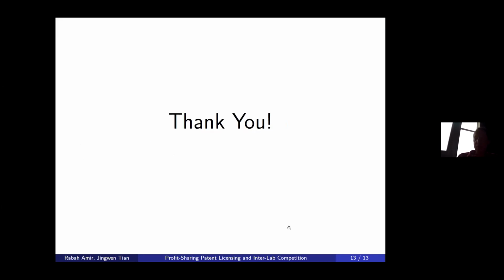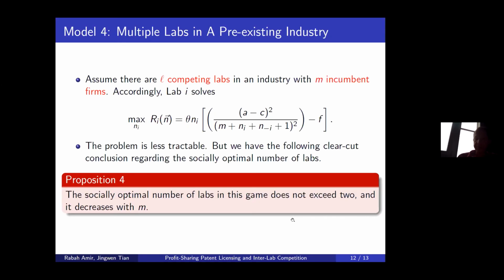And in the case of monopoly, they change it in some sense dramatically, because again, if you have 2 incumbent firms, because of the lab selling this innovation, you get 5 firms in the end. 2 plus 2 plus 1, so that's 5. So there's a drastic effect of having incumbents. Even if you have a single incumbent and an innovating lab, you end up with 3 firms in that industry.